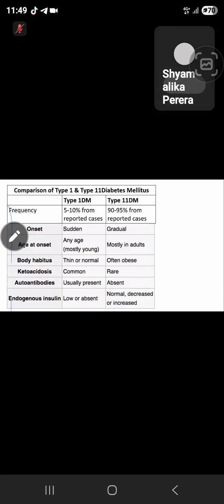If you think about endogenous insulin levels, type 1 diabetes has very low or absent levels of insulin because type 1 is insulin dependent. In type 2, endogenous insulin levels are normal, either increased or decreased. That means you have insulin, but the reaction is not there.